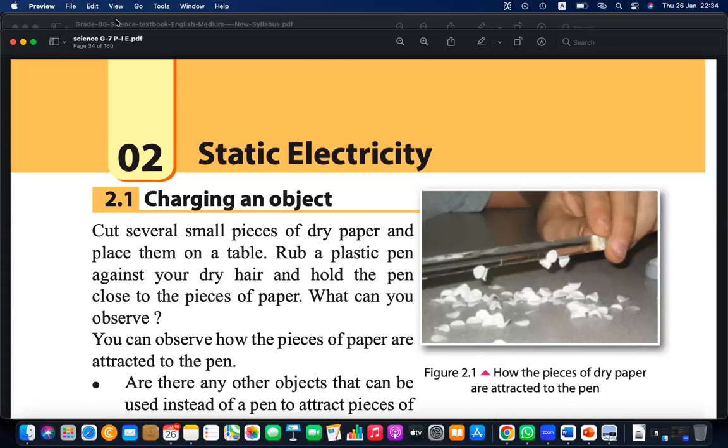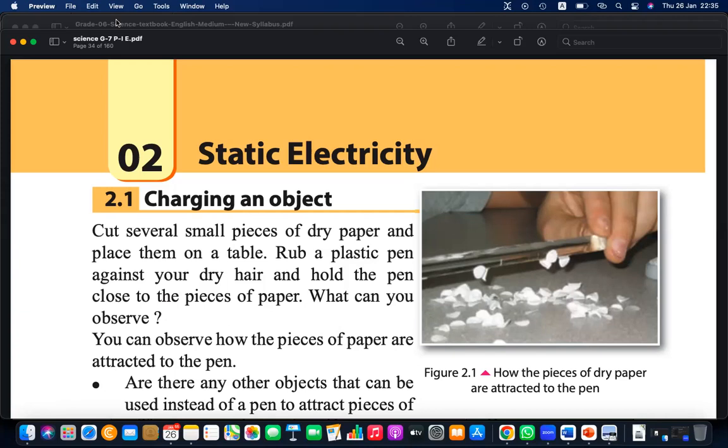Actually, in grade 6 class, we got some idea about electricity. Right? But basically the idea that we had was about the batteries and the current.